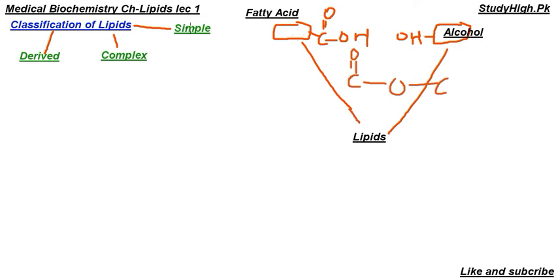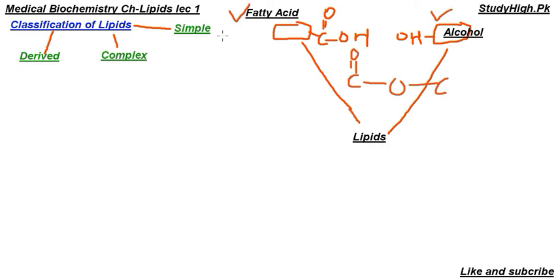Now, what is a simple lipid? If any lipid consists solely of fatty acid and alcohol and does not contain any other substance, then we call it a simple lipid.